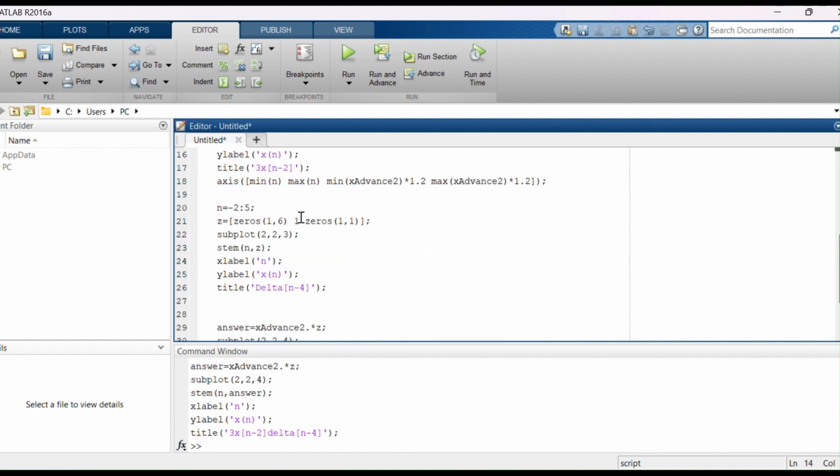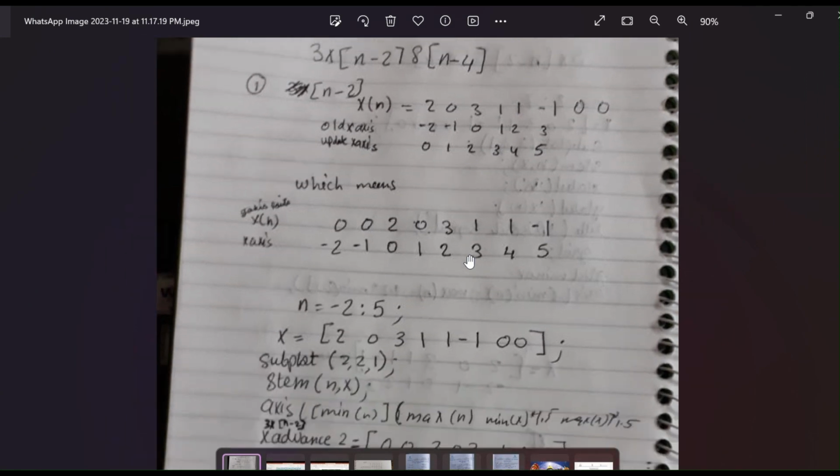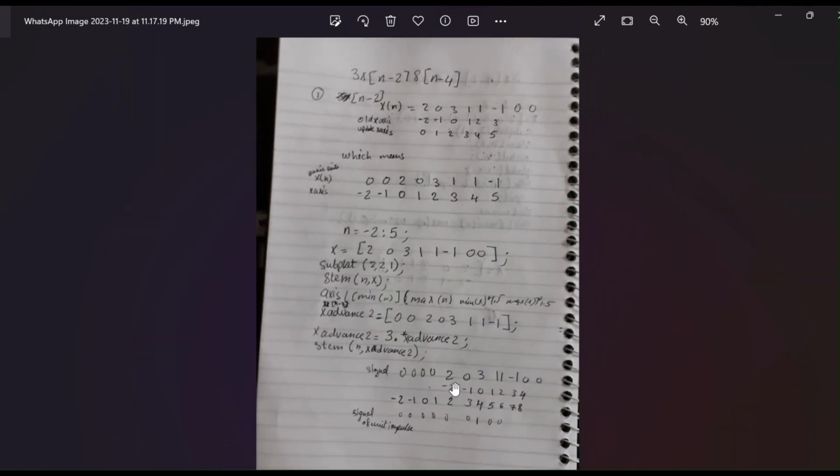Okay. The third step would be the delta of n minus 4. So I also started from -2 to 5. Delta n minus 4 means what? Means that you are going to shift 4 to the right.